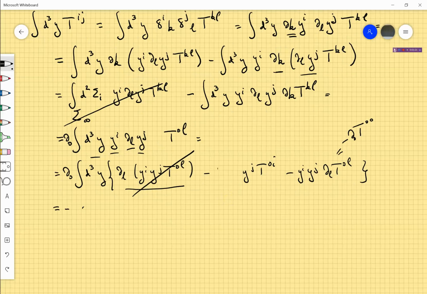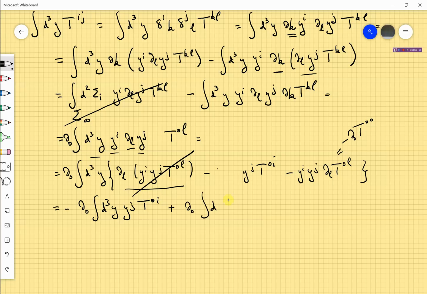Okay, let me write these two terms. First, this one, d0, d3y, yj, t0i, and then the second one is minus and minus will give me a plus d0, and then d3y, yi, yj, and d0 t00.